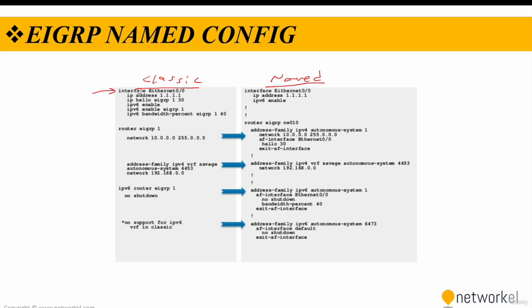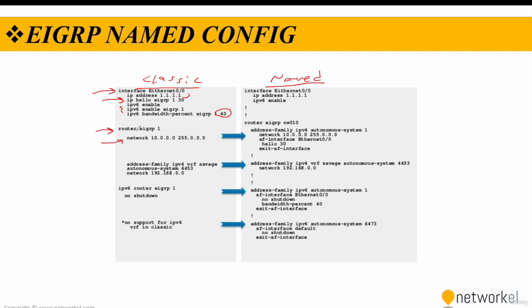We are going to the interface mode, assigning an IP address to the interface, changing the hello timer for EIGRP, enabling IP version 6 for EIGRP, and we are assigning a bandwidth percent EIGRP value as 40, which defines the maximum bandwidth that the EIGRP process can use. Then I'm going into the EIGRP configuration like router EIGRP 1, and I'm defining my network interface.